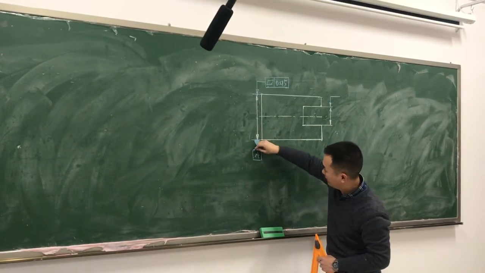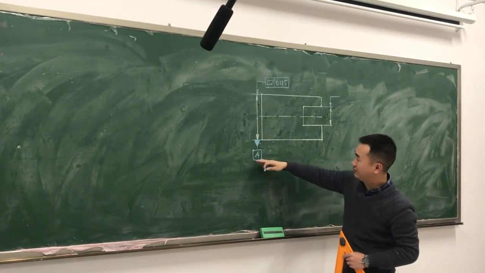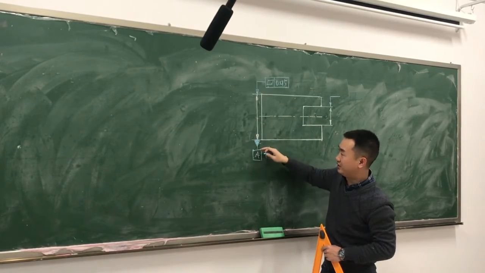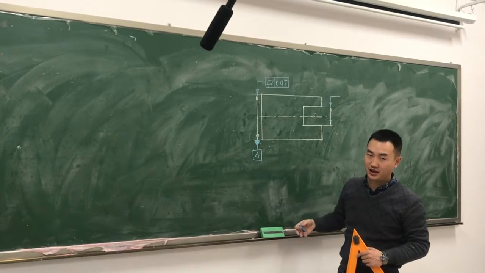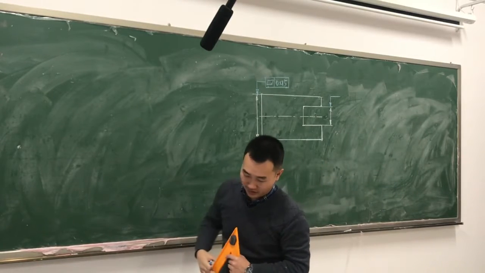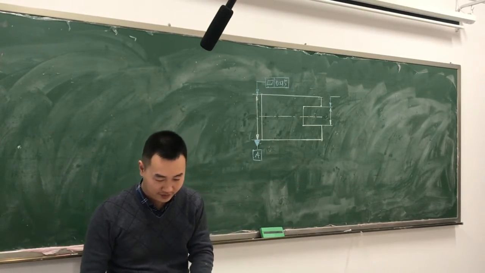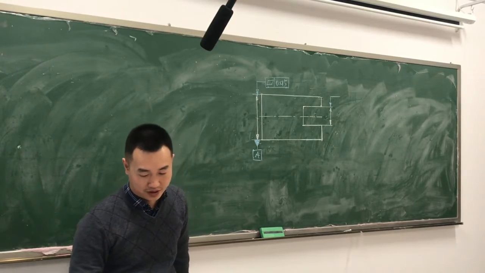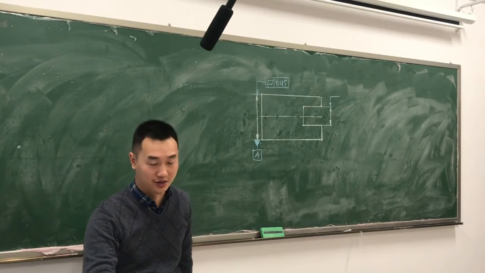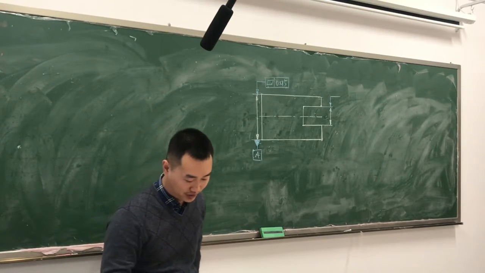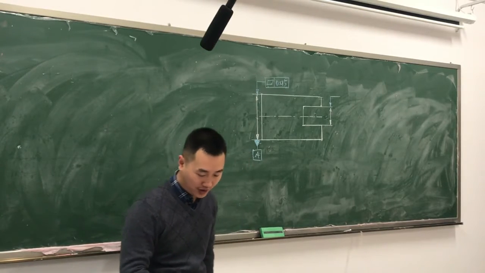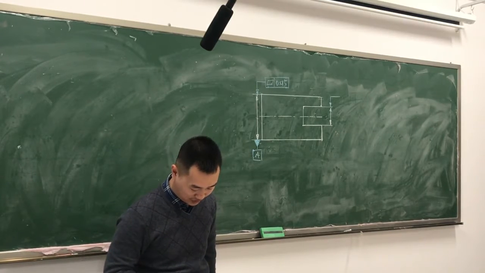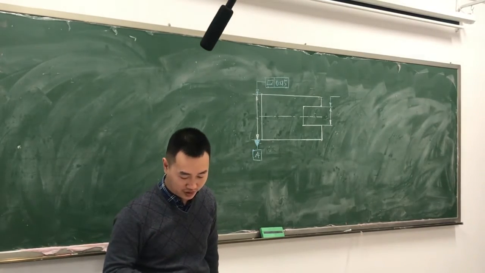Datum A means that the median plane of the workpiece should be used as the datum. This is the datum and the name. So what is the geometrical characteristic here? It should be symmetry. If you look at the illustration of symmetry on page 102, you will understand.